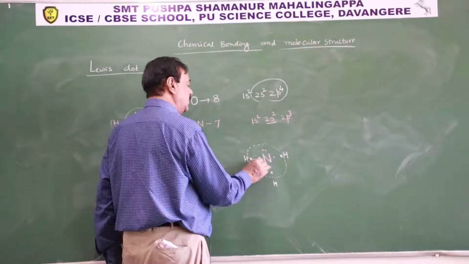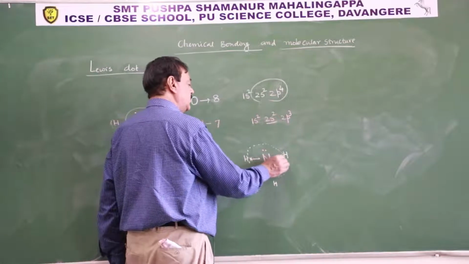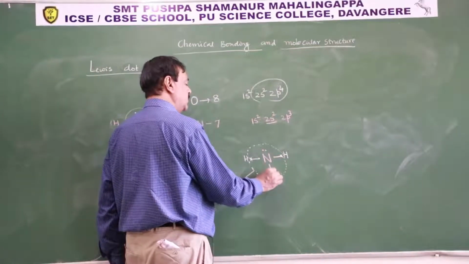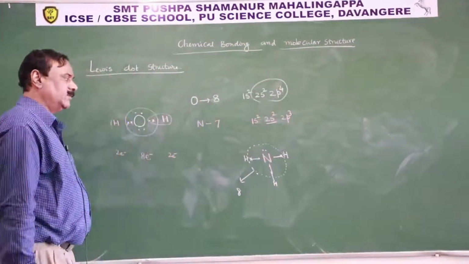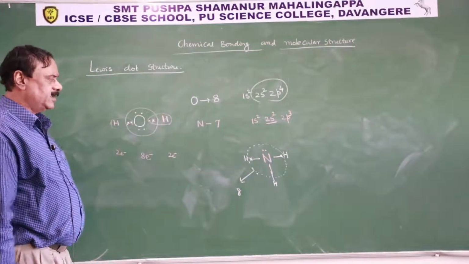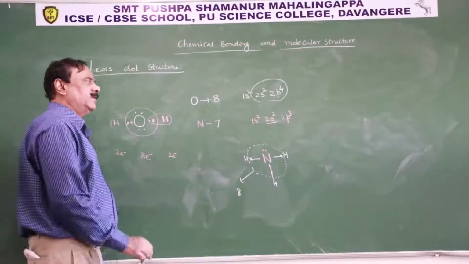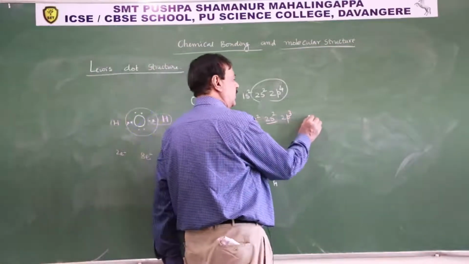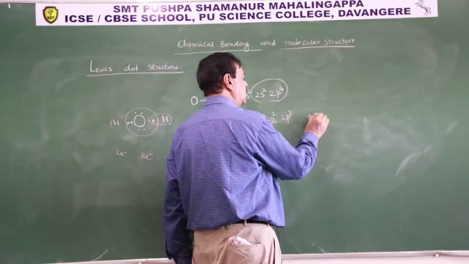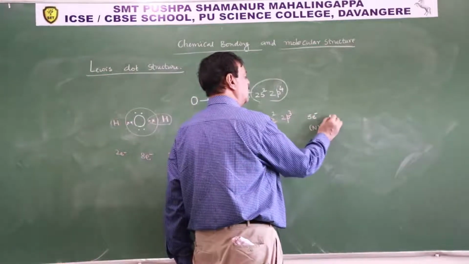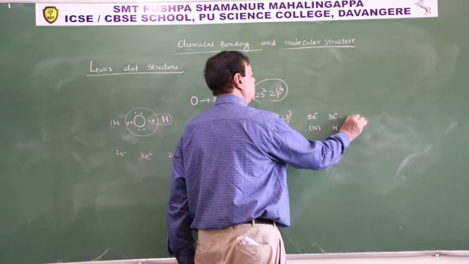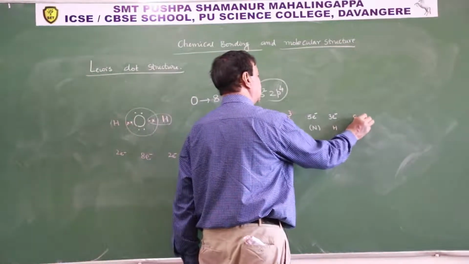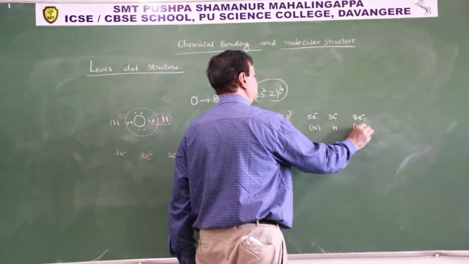Therefore, it forms one covalent chemical bond each, so 3 covalent bonds are formed. Nitrogen's 5 electrons share with the 3 electrons of hydrogen. The total number of electrons will be 8 in ammonia.